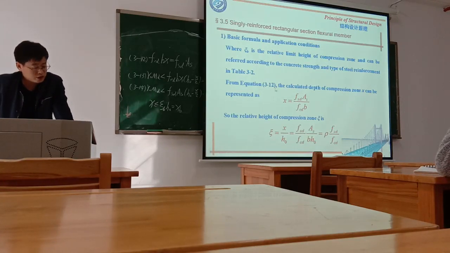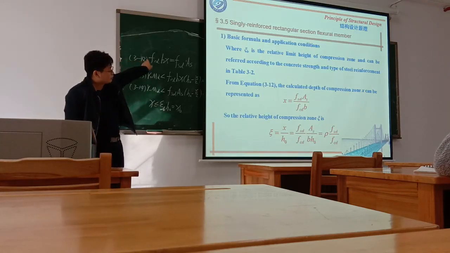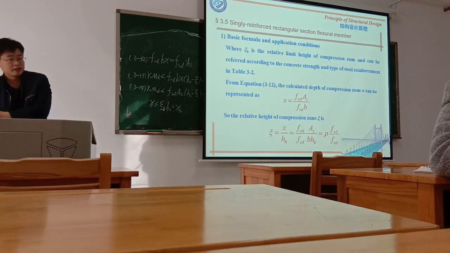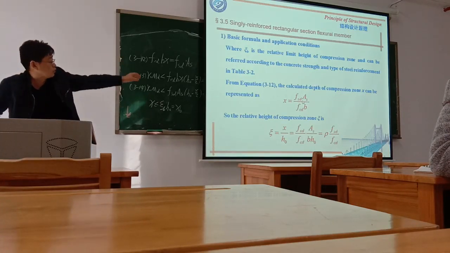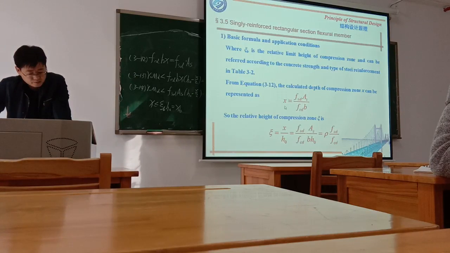Then from equation 3-11, it's easy to get the compression height x. The calculated compression zone height x can be represented like this: move things to this side, fsd As divided by fcd b, then we can get x.